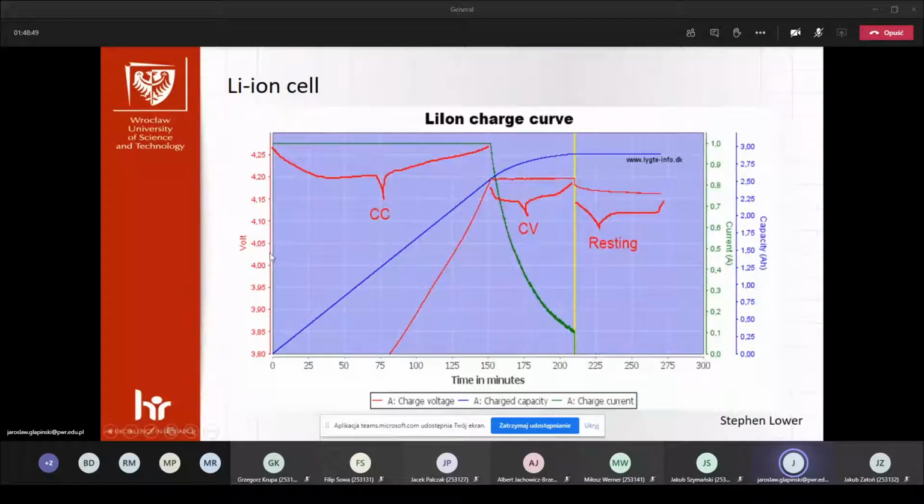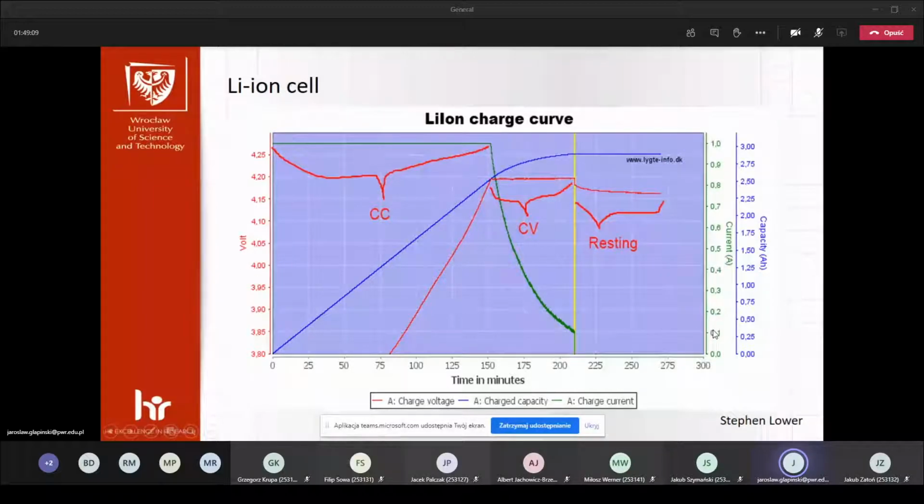We achieve the voltage and wait until the current drops and becomes very small.